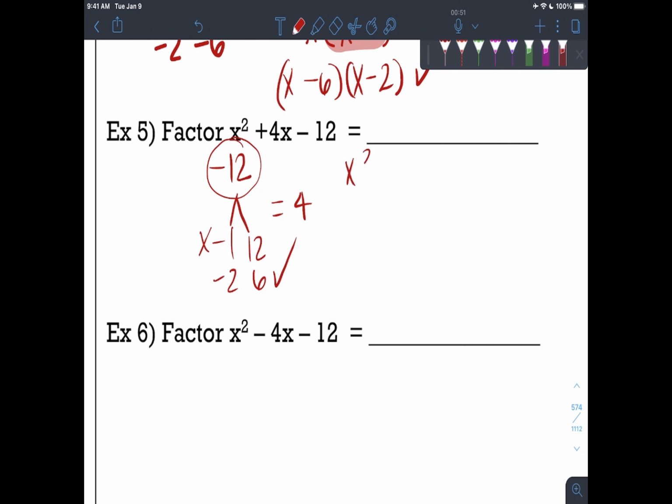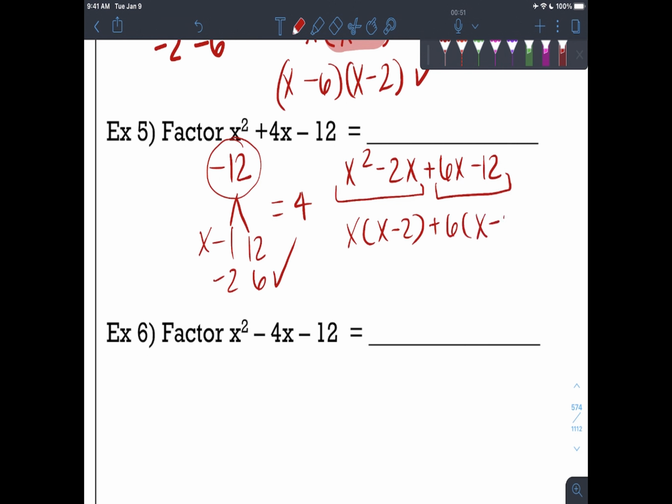So I'll split apart my B term. I'll go ahead and factor the first two terms, factor the second two terms. I notice that the insides line up perfectly with each other, so I can combine like terms, and I ended up with the exact right answer. I can verify this by graphing it, but I've already showed you guys how to do that. You're just going to match it.